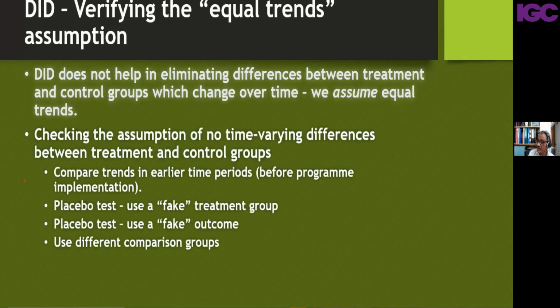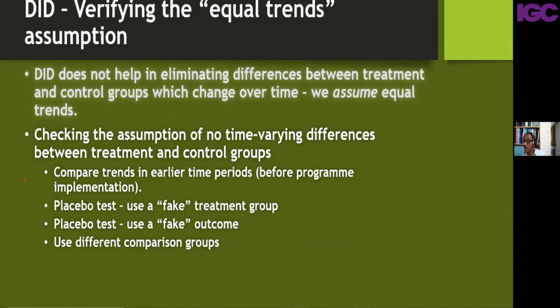Now, how can we check the assumption of no time varying differences between the treatment and the control groups? One way in which we can do that is to apply the difference in difference method to previous time periods, that is before program implementation.